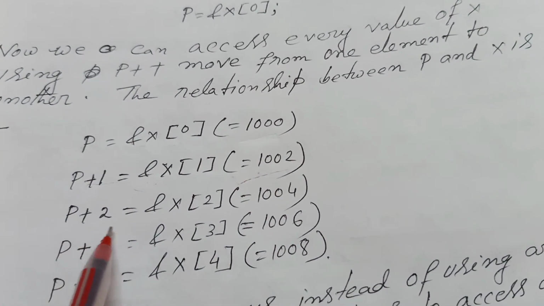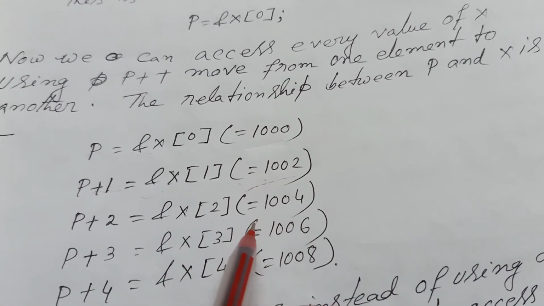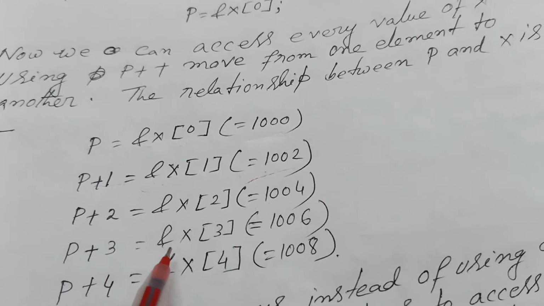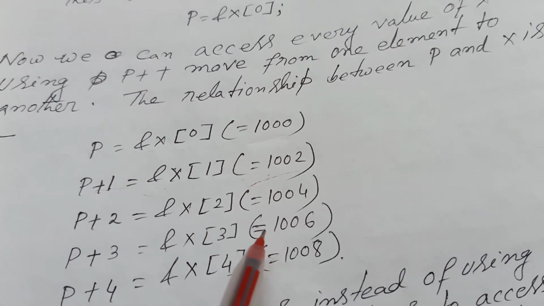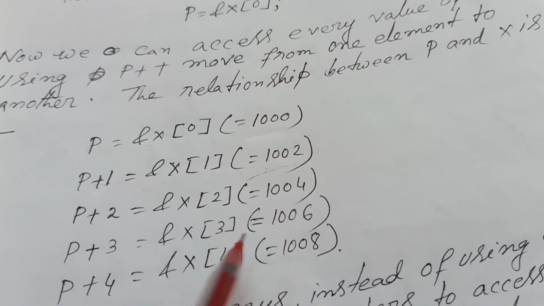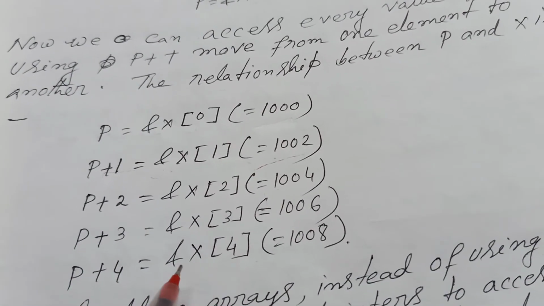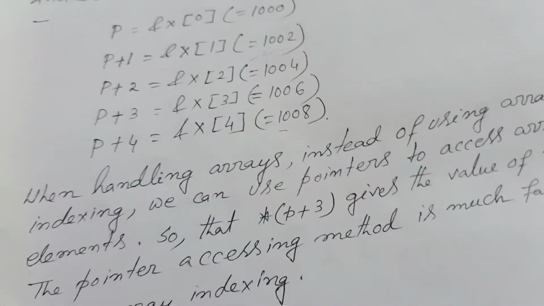Then p plus 2 equal to &x[2] and the address value 1004. p plus 3 equal to &x[3] contains the address value 1006. p plus 4 equal to &x[4] contains the address value 1008.